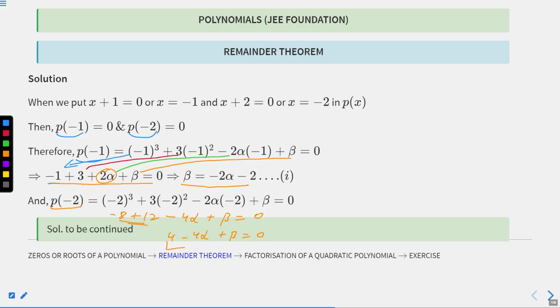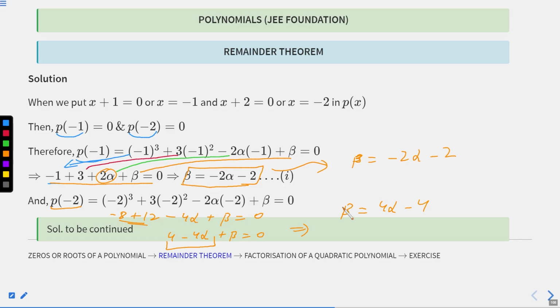Taking this whole term to the right hand side, I will get beta equals 4 alpha minus 4, and I also have beta equals minus 2 alpha minus 2. So this is what we know.